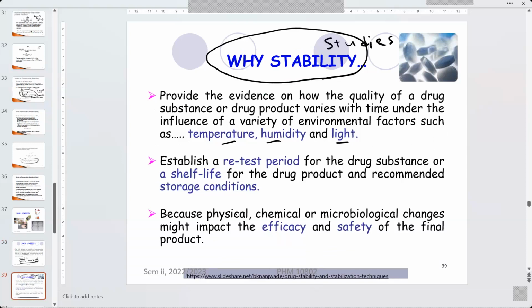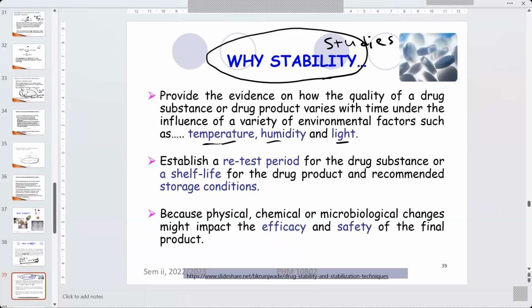So I perform testing for the product and I see how the chemical, microbiological, and physical characteristics change with time. And the time that all these characteristics remain within the acceptable limits will be the shelf life of the drug. Okay?